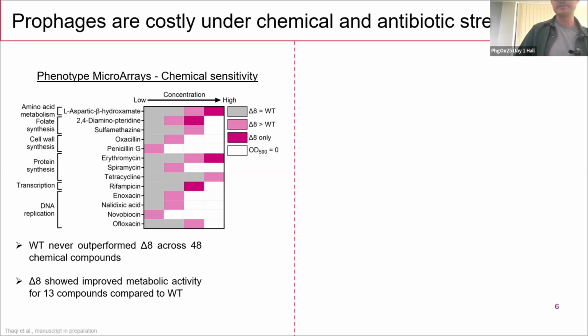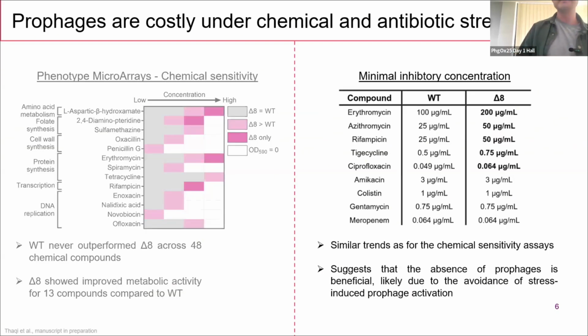Now, subsequently, we did some minimal inhibitory concentration assays where we used some of the chemicals already used in phenotype microarrays, as well as other antibiotics, which target other cellular processes in bacteria.